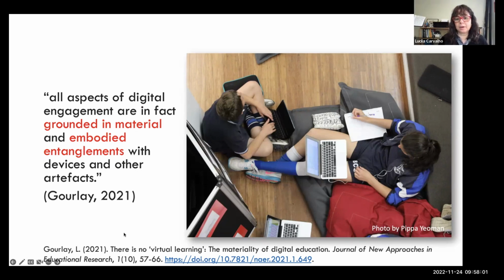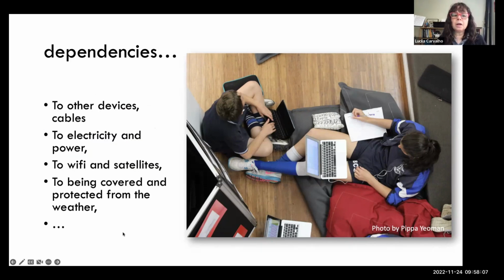So when we think about the devices and what we're going to do with our students, we have to be aware that there are all these dependencies of devices to other devices, and cables and electricity and power and Wi-Fi and satellites, and that all of those things have an effect on what we actually do with our students as well.